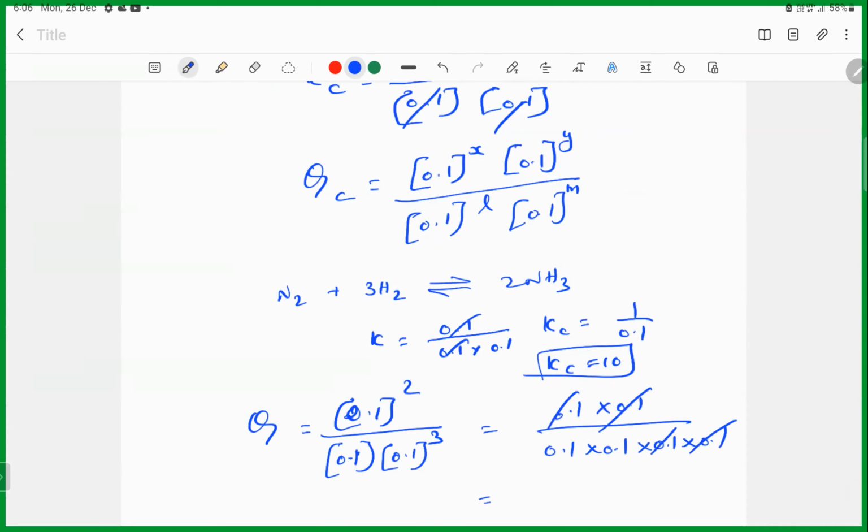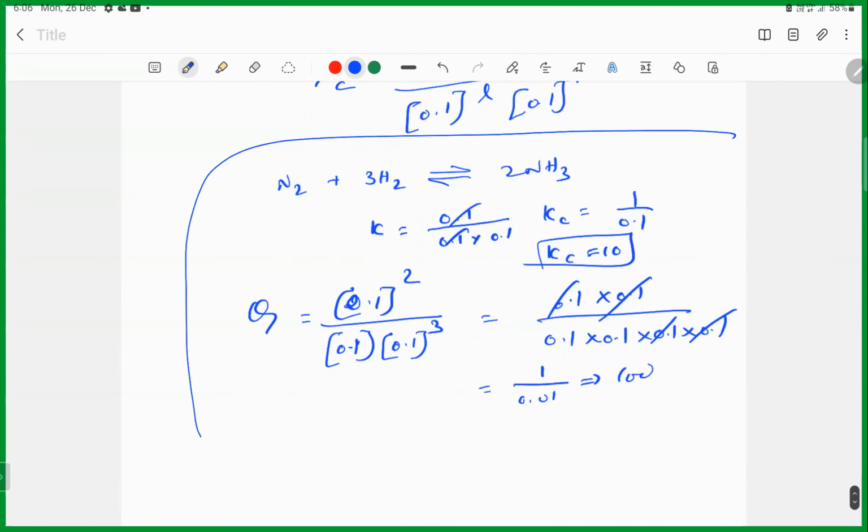Then when you are multiplying 1 divided by 0.1 into 0.1, what do you get? What is the answer? So 0.01. Then 1 divided by 0.01 becomes 100. So in the same reaction, Kc becomes 10 and Qc becomes 100.